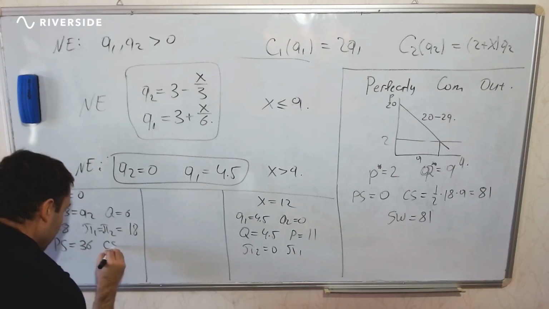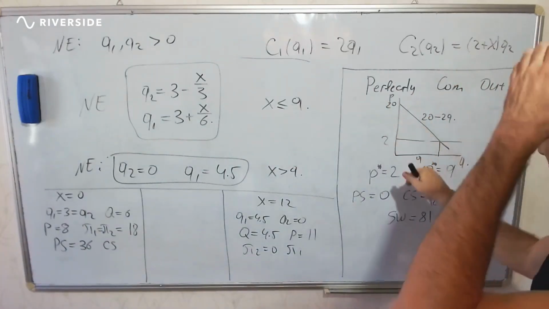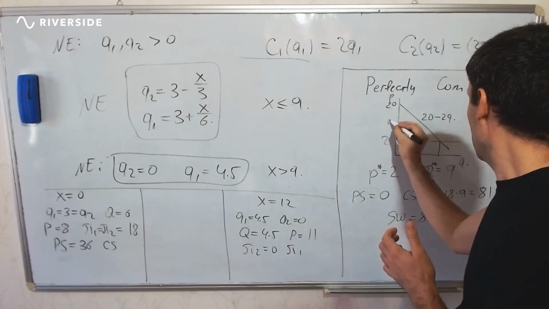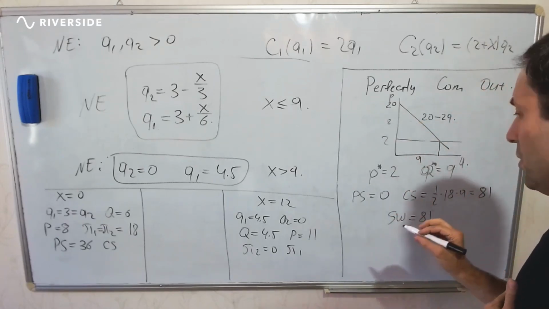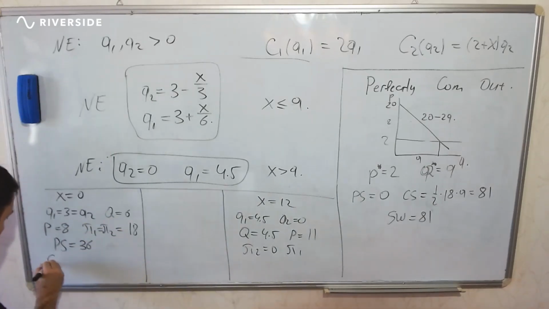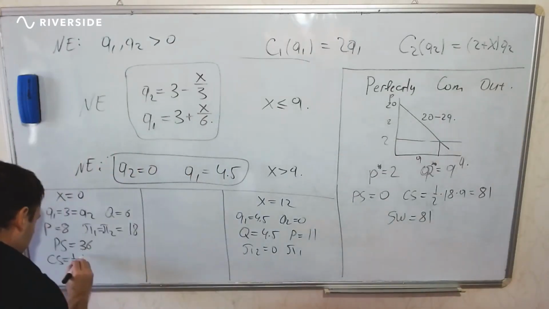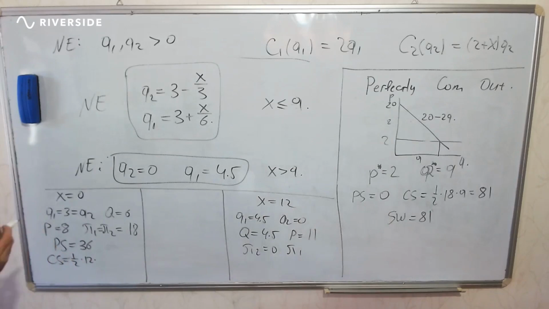Consumer surplus, with the price at 8, is 1/2 times 12 times the quantity sold.